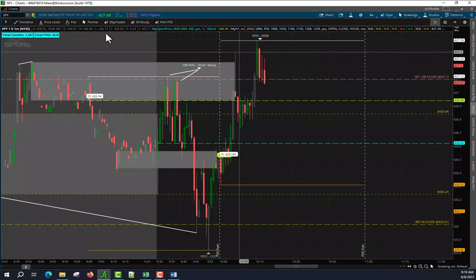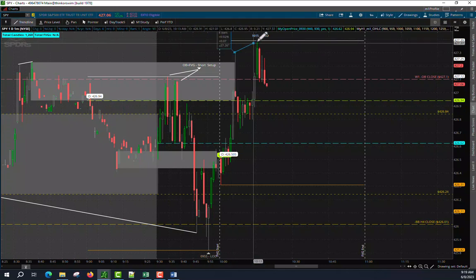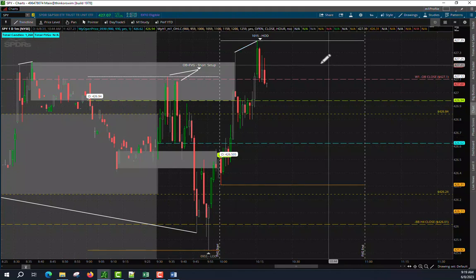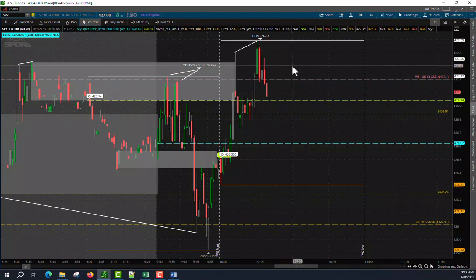So the same right here, we can see that the buy side liquidity is taken. So if we want to take the short position, I guess that's the rule of engagement for us right there.